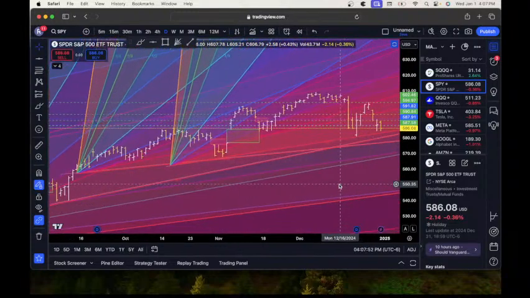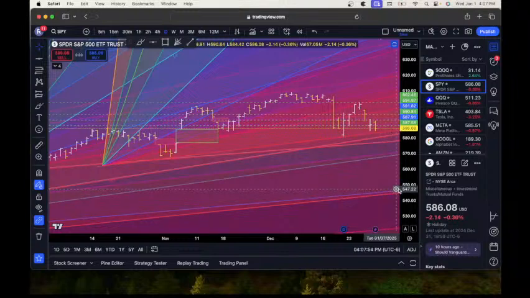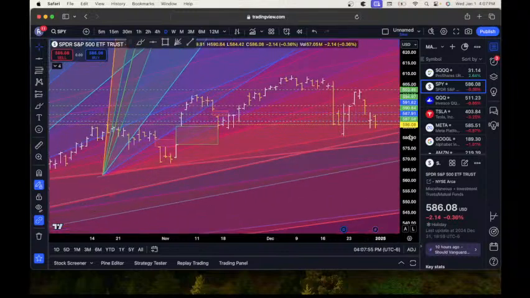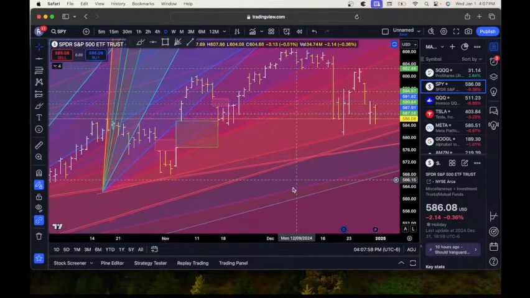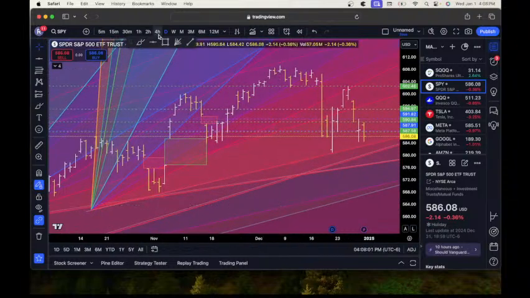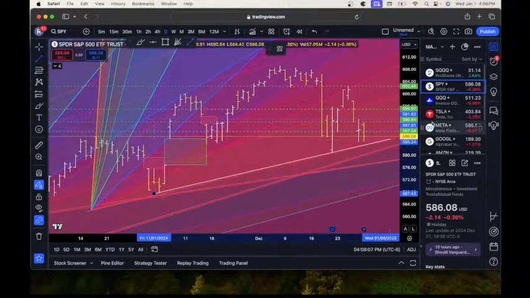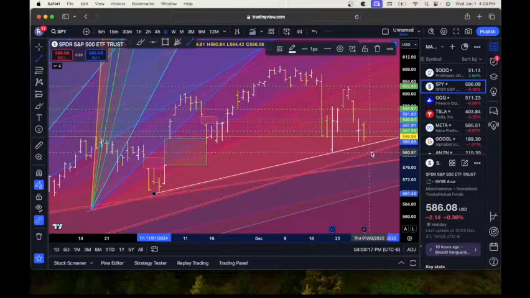Okay, so this one right here looks like a clean trend to follow. And that's lined up with one of my levels of support on the Ganfan already. So it's still a clean move.